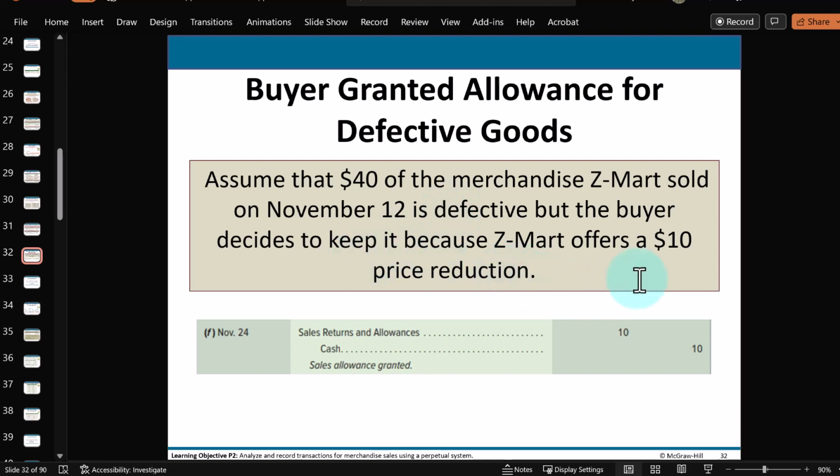But now we're going to reduce your bill by $10. So again, we use that same account, sales returns and allowances, a contra revenue, opposite of a revenue. Here, increased with a debit. And the offsetting credit is a refund, cash credit. Or again, if the customer still owes you the money, accounts receivable, we would reduce the accounts receivable with a credit. Again, in this case, we're paying them a refund.